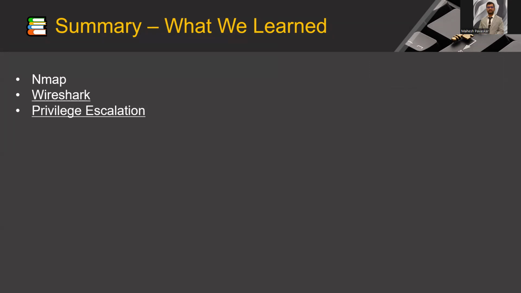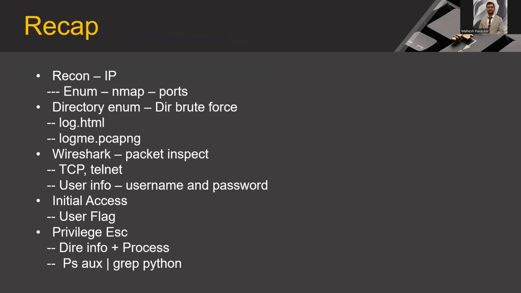We use Wireshark to analyze that traffic, and then we did privilege escalation. This is the recap of how we traveled from the recon phase to directory enumeration, Wireshark, then initial access. Wireshark is not a step, but I would say it's a crucial one because we got initial user information. That's why I highlighted it. After recon and directory enumeration, we switched to initial access, and after initial access, we did privilege escalation to get the root flag.